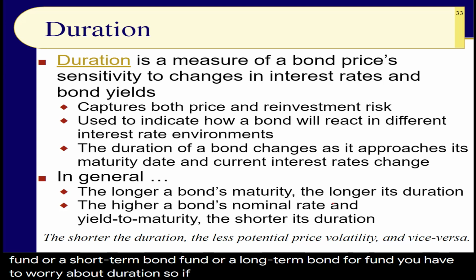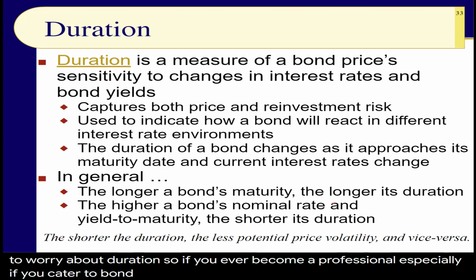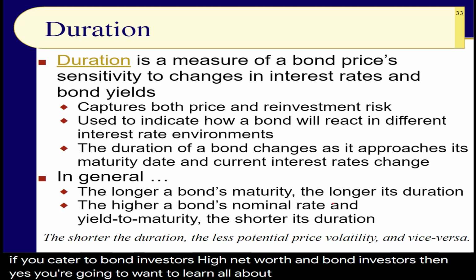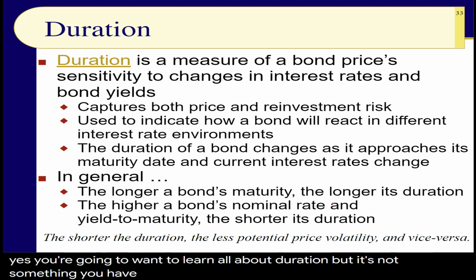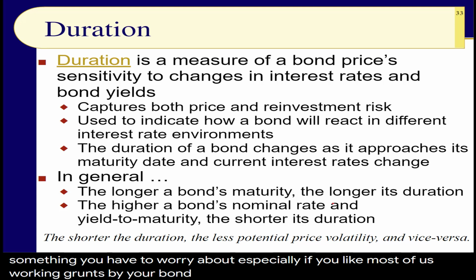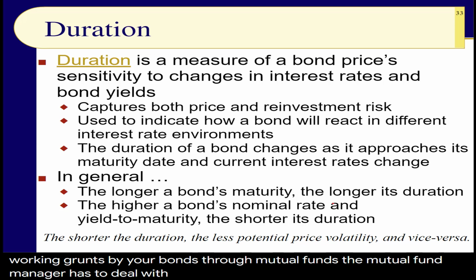So if you ever become a professional, especially if you cater to high net worth and bond investors, then yes, you're going to want to learn all about duration. But it's not something you have to worry about, especially if you, like most of us working grunts, buy your bonds through mutual funds. The mutual fund manager has to deal with it.